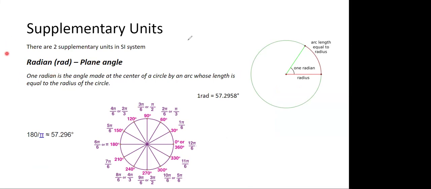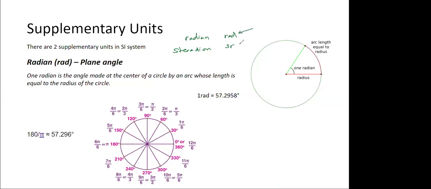So the unit is radian, the unit name is radian, and the symbol is rad. Likewise, solid angle is measured in steradian, and the unit symbol is sr. So these are the units, rad and sr.